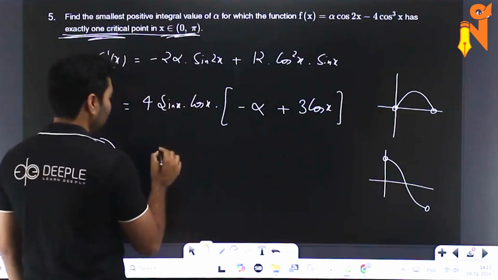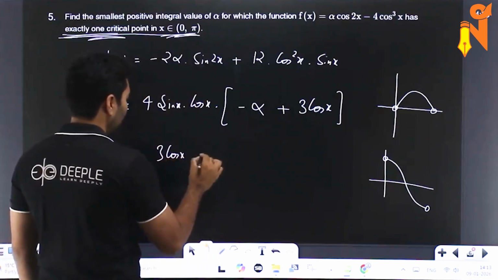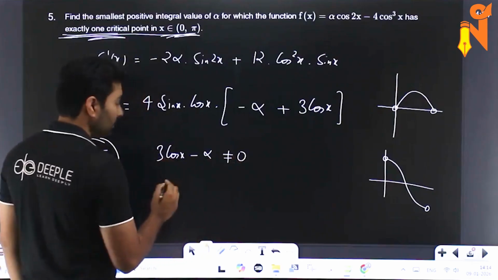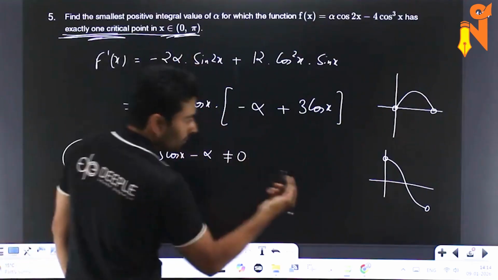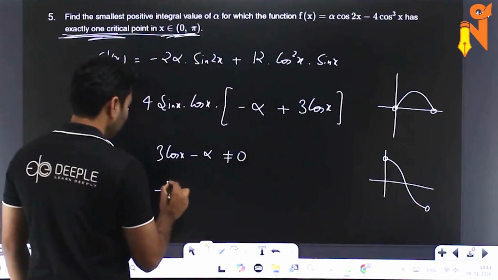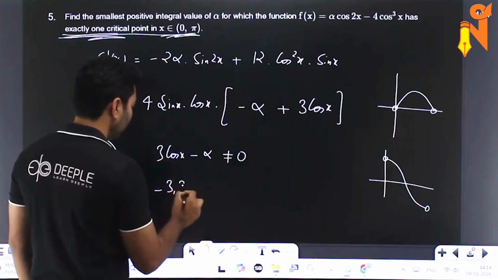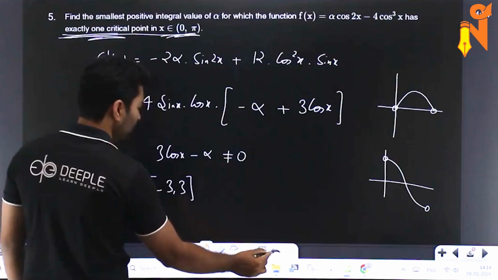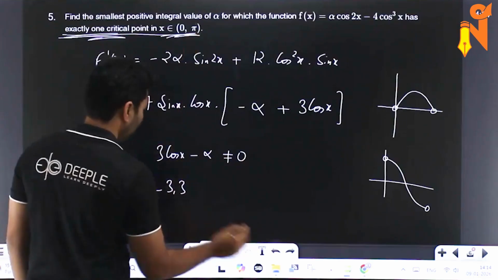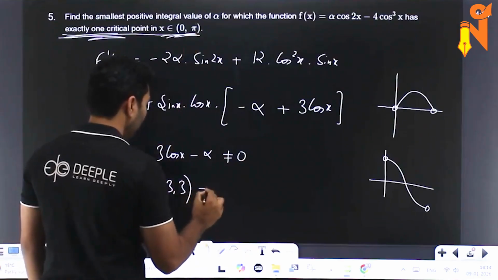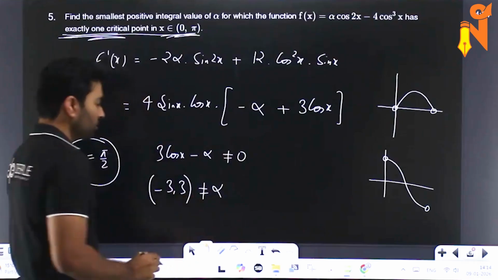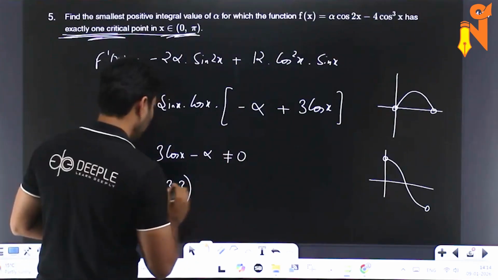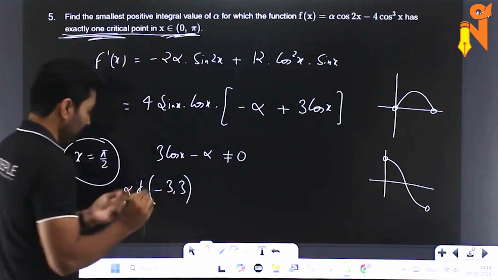So you can say that 3 cos x minus alpha should not be 0. From here, the range of 3 cos x in this interval is minus 3 to 3, an open interval, because the interval is open. So alpha does not belong to this set.